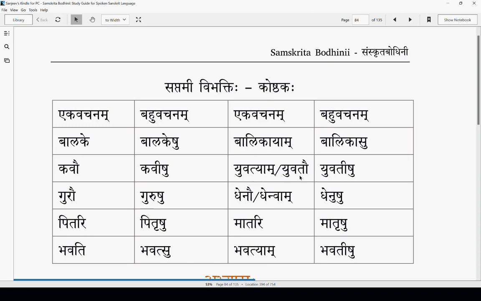So they have two forms, yuvatyam, yuvatau, matyam, patau, sthityam, sthitau, bhaktyam, bhaktau. Bahuvachanam, yuvatishu, matishu. Then hraswa ukaranta shabda strilinga dhenu, and saptami is dhenvam, bahuvachanam, dhenushu. Matari, similar to pitari, matari, matrushu. And dirgha ikaranta shabda, like bhavati or nadi, becomes bhavatyam or bhavatishu.